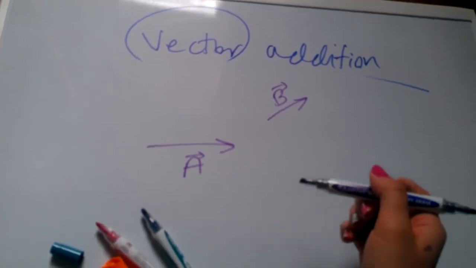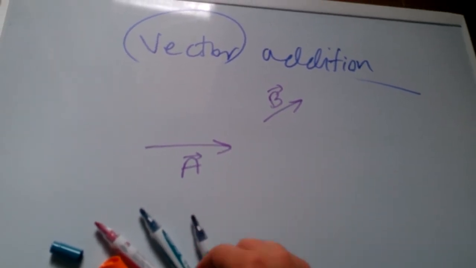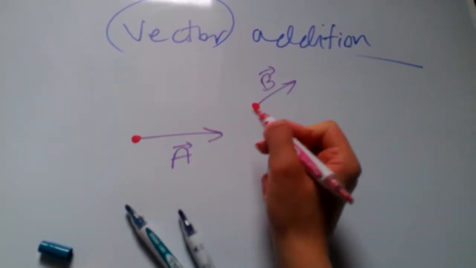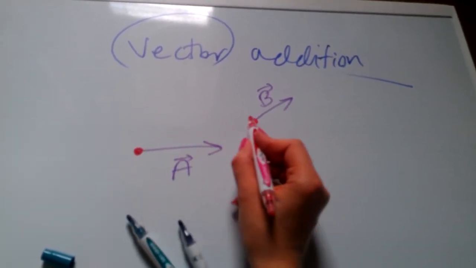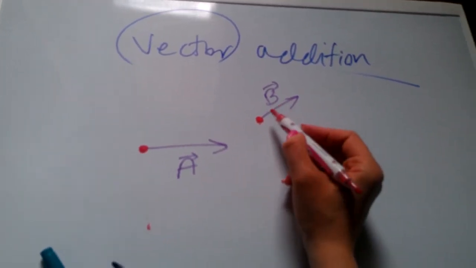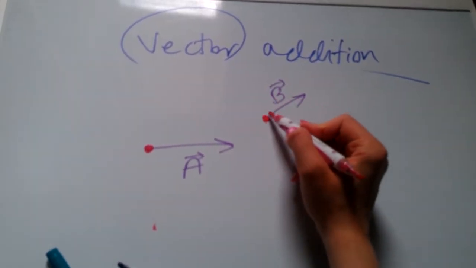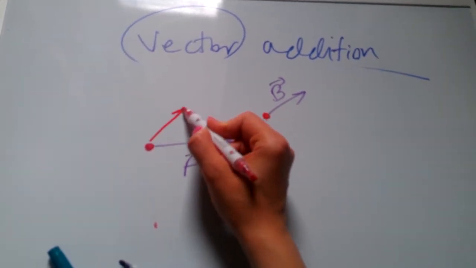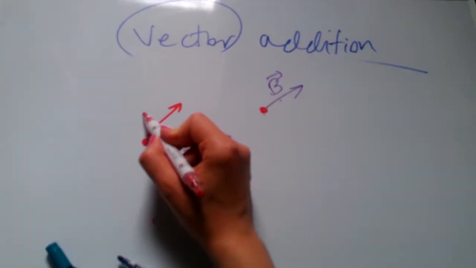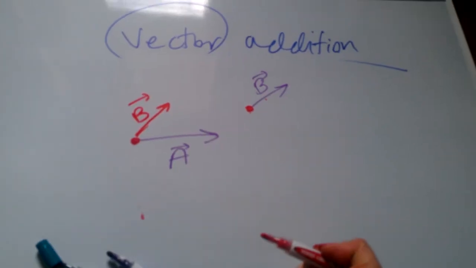One of the ways that we can add two vectors is putting both, basically gluing two tails together, and as long as the vector I'm drawing here is the same size and in the same direction as B, we are basically dealing with the same B.